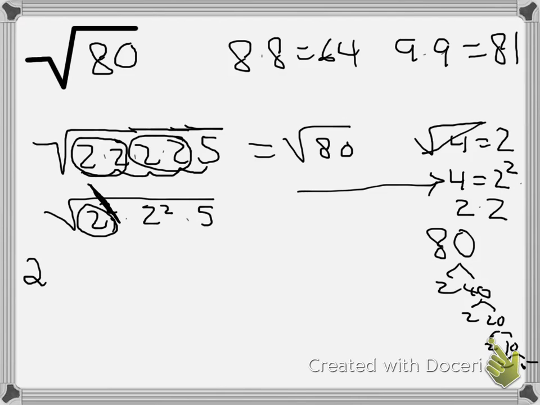So here we have another 2 squared, and this right here again is going to come on the outside of the root, and what we have left is just the 5 underneath the root sign. Well, 2 times 2 is 4, so 4 root 5.